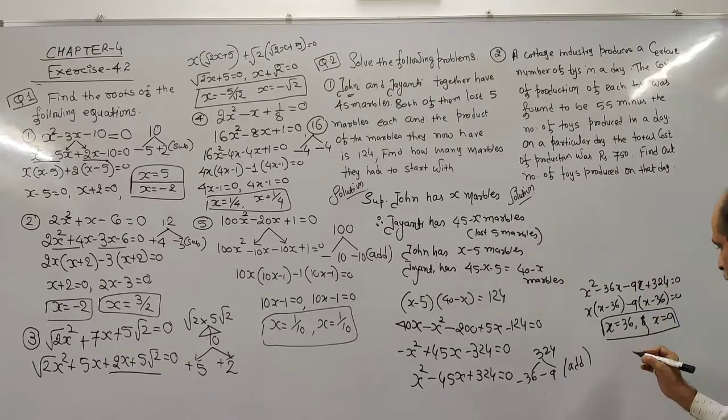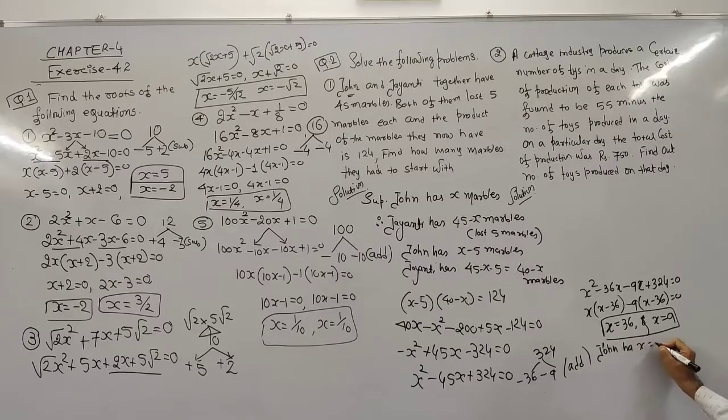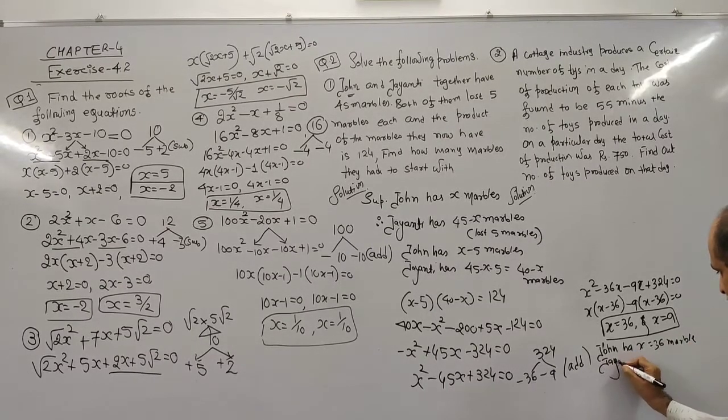If John has x is equal to 36 marbles, Jayanti has 45 minus x, which means 45 minus 36 is equal to 9 marbles.